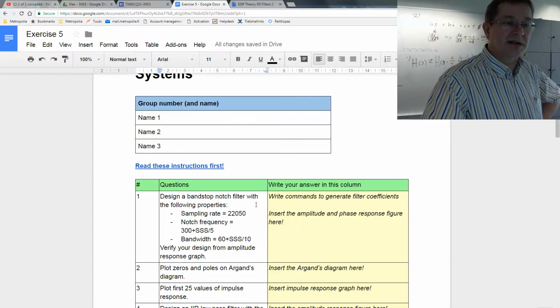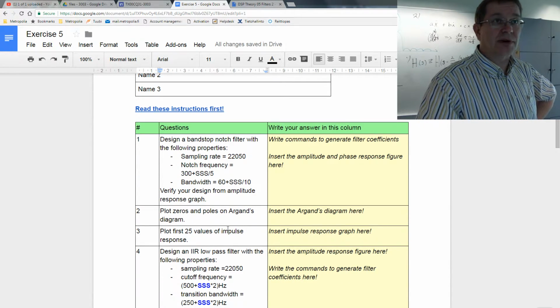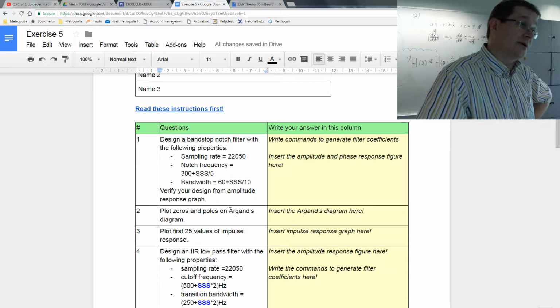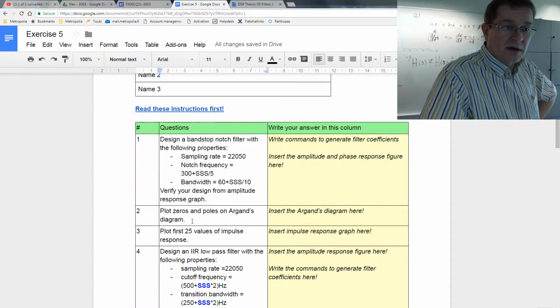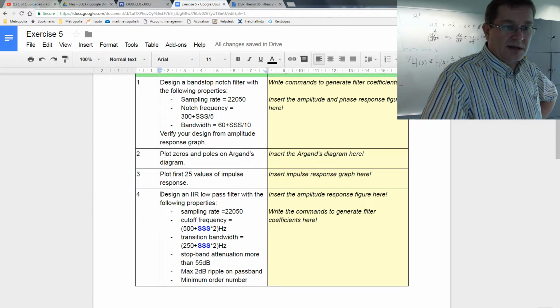Make a bandstop notch filter with a certain sampling rate, basically to reduce, for example, line humming on your data. And impulse responses, that kind of thing.